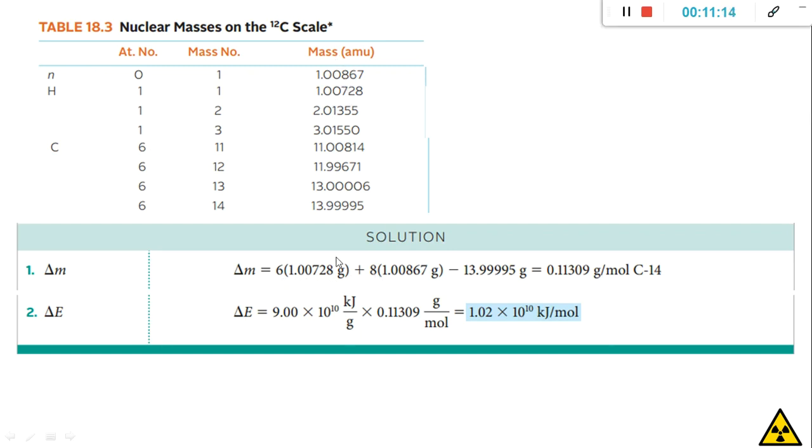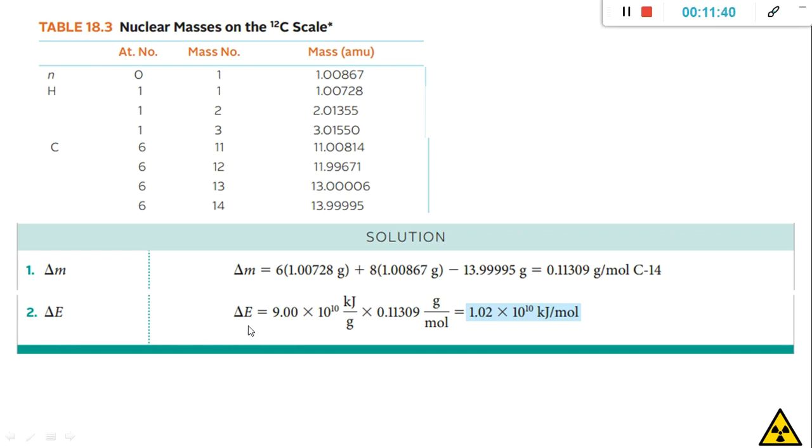So again, remember, this is the mass of the products, and we will deduct from it 13.99995, which is the mass of carbon 14. From that, we can substitute it into the equation.